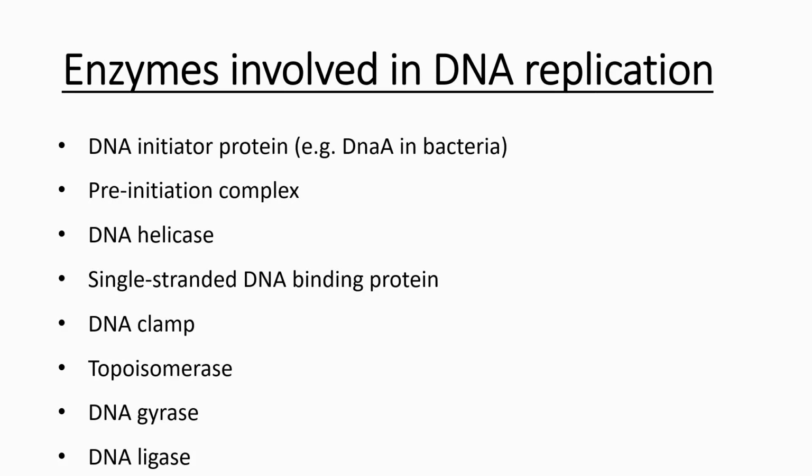After this, DNA helicase binds, and this unwinds the DNA. Because the DNA is being unwound, the region of DNA which is now single-stranded could actually form double-stranded DNA again. There's nothing stopping it from complementary base pairing to each other, and this is an issue.